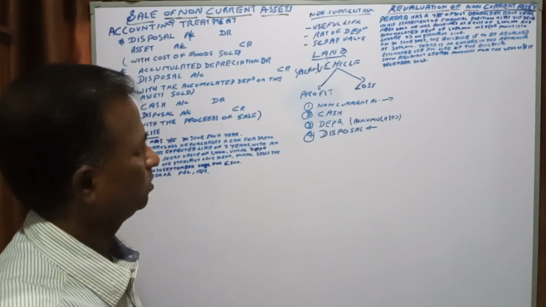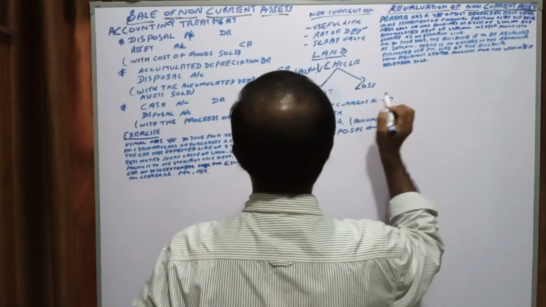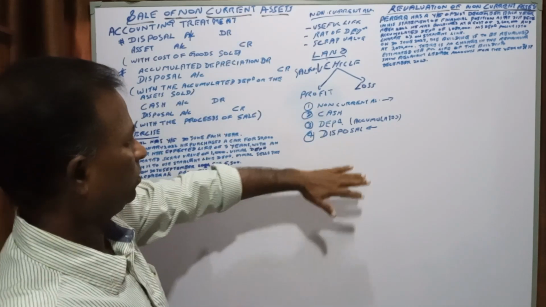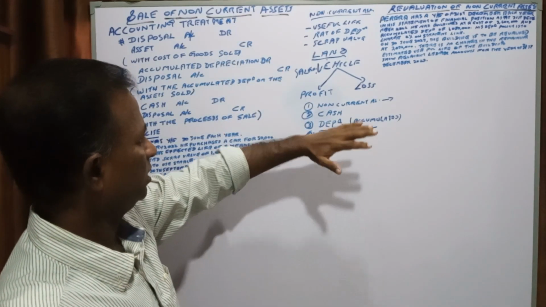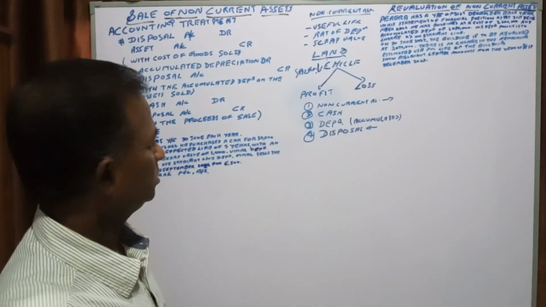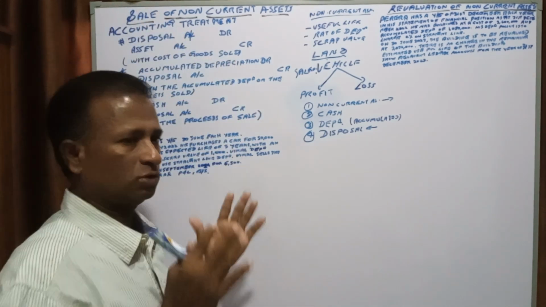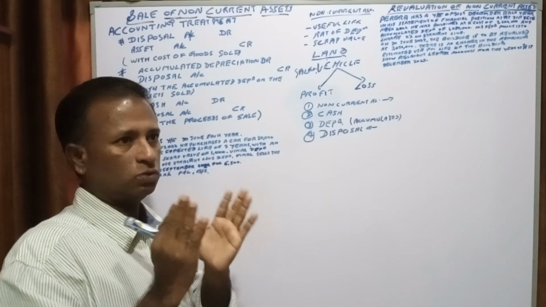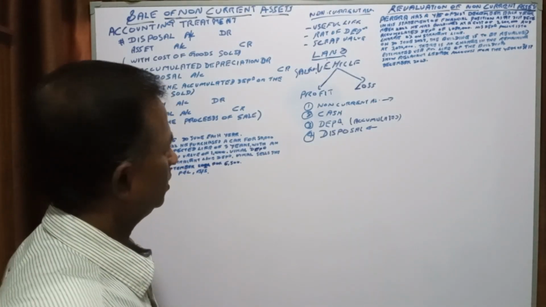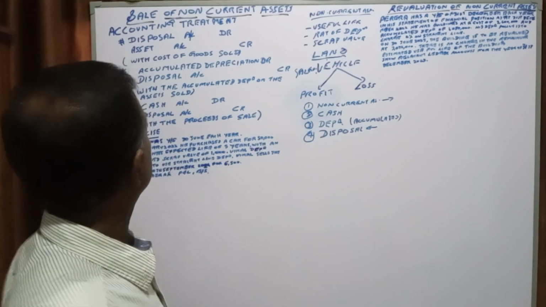You credit the asset account and debit the disposal account. Disposal account debited, non-current asset credited, with the cost of the non-current asset sold.